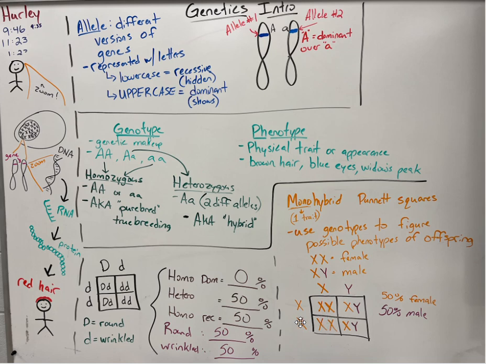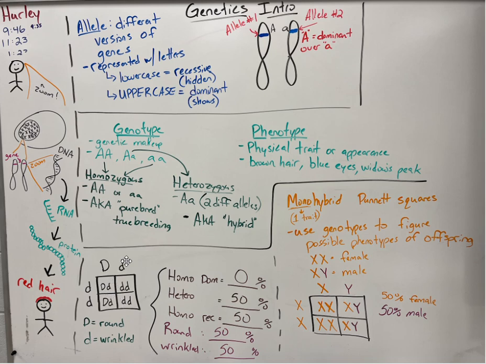Bring this one down, bring this one across, capital X, capital X. Then we got Y and X, bringing them here and here. We'll talk about this more when we talk about other types of laws in genetics, but hopefully this makes sense. This is why when you have a child, it's a 50-50 chance that you'll get a female, and therefore a 50-50 chance that you'll get a male, and that's how that works.